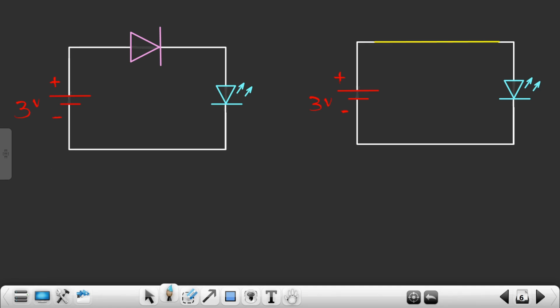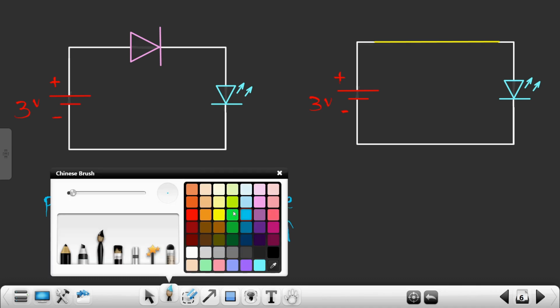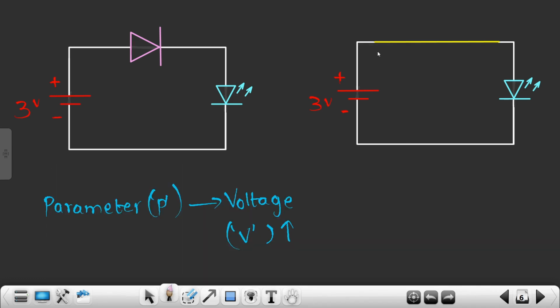If I am increasing the voltage, that means the parameter over here, as I mentioned, that particular parameter which was P, which is nothing but voltage V, if I am increasing this particular voltage, what is going to happen? Just have a look over here. I had clearly mentioned that this particular diode will act as a conductor.